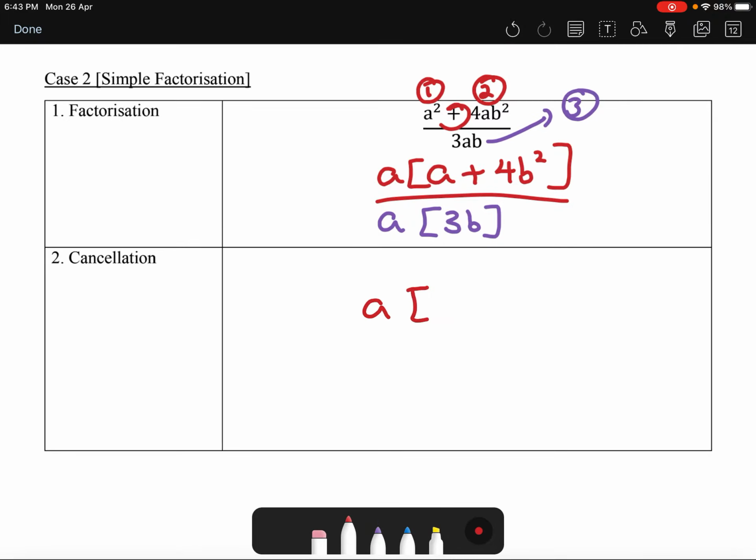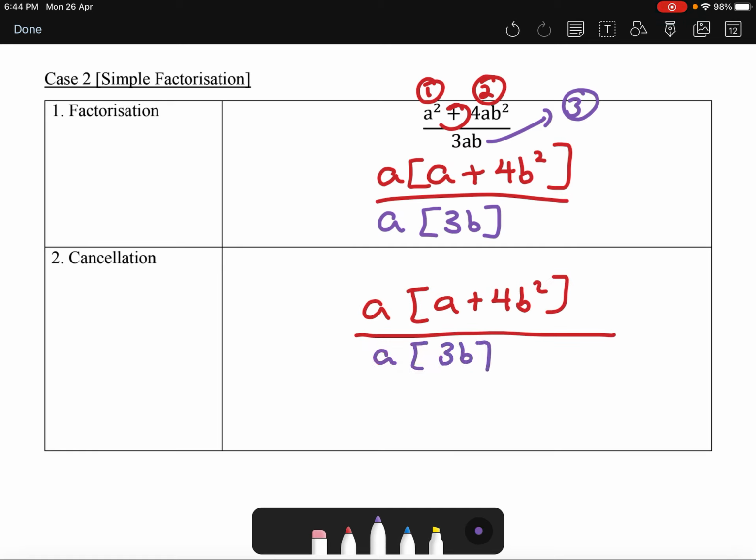You cancel out whatever you have factorized out, a plus 4b squared over 3b. So you cancel out the alphabet that you have factorized out. So this is for your simple factorization, taking out the common term.